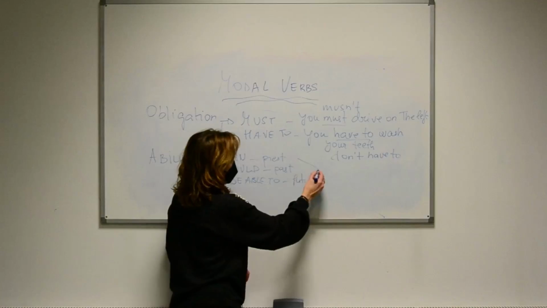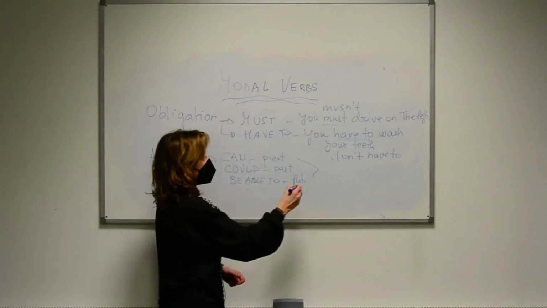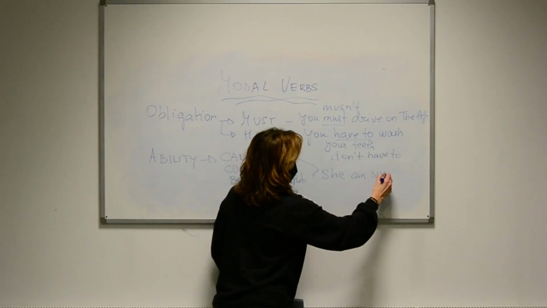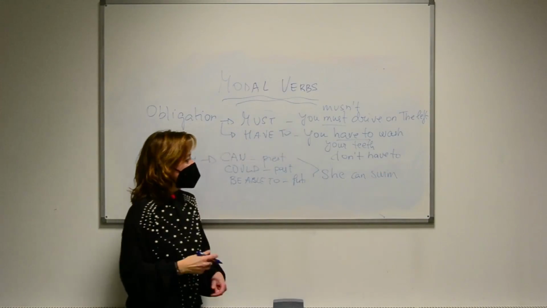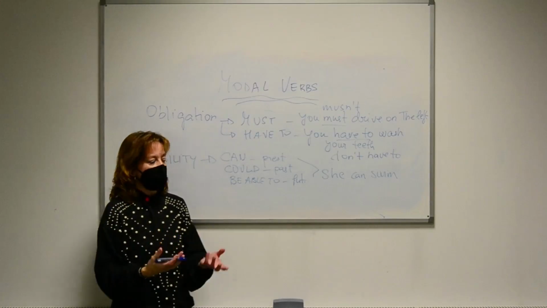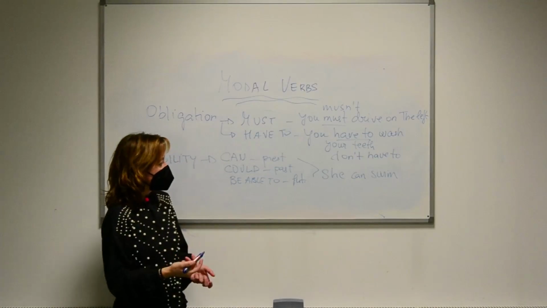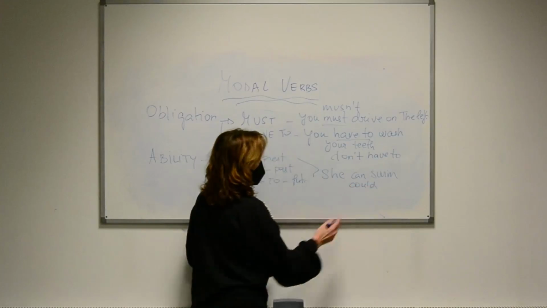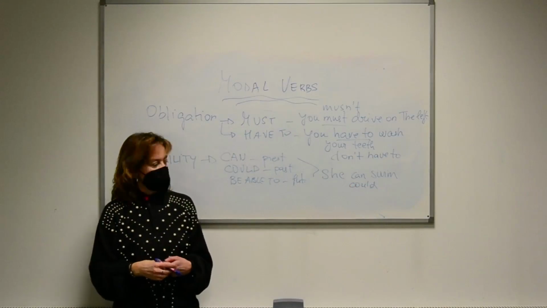If I say an example should be, she can swim. It means that she is able to swim. She learned to swim and now she can swim in the sea. If we say she could, it means that we refer to the past.